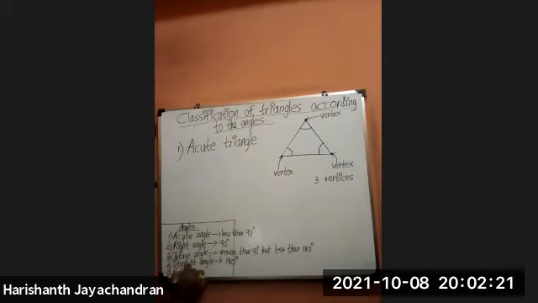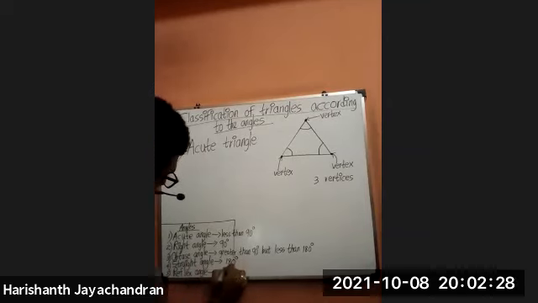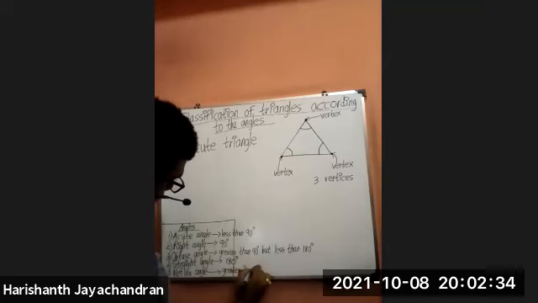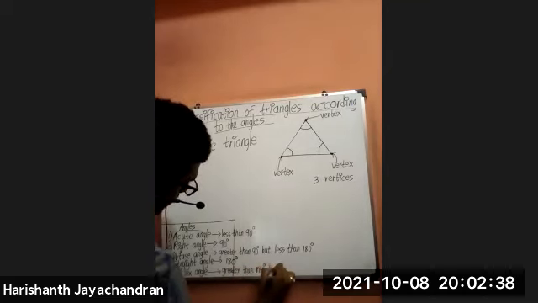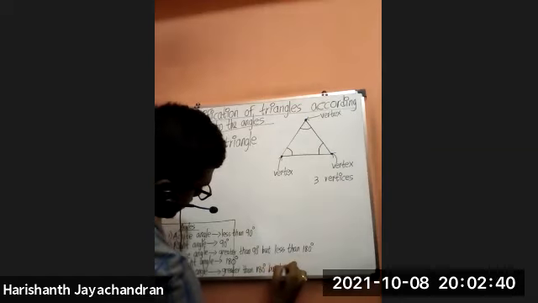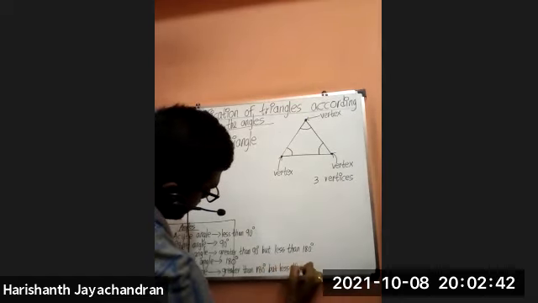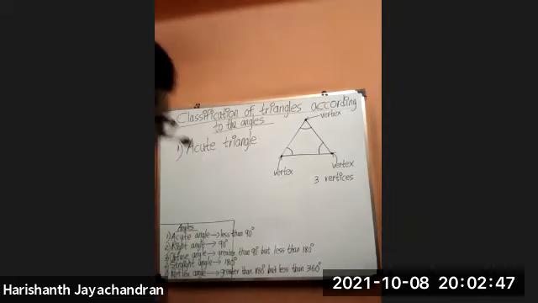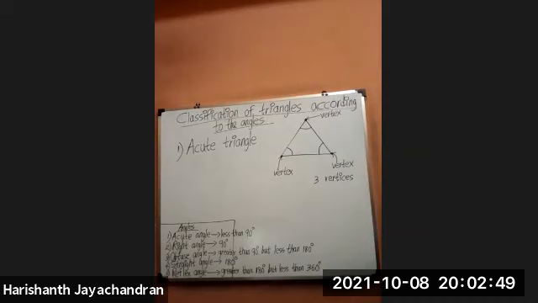Fifth one is reflex angle, guys. If you look into reflex angle, we can say greater than 180 degrees but less than 360 degrees. Quickly make a note on this, guys.